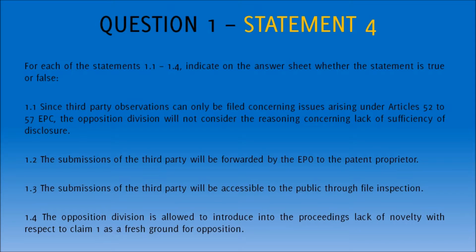It is within the discretion of the opposition division to introduce or allow fresh grounds of opposition to the proceedings, if, of course, they make sense. So maybe a prima facie relevant document which is filed later, but is still prima facie important, can be accepted and introduced by the opposition division to the opposition proceedings.